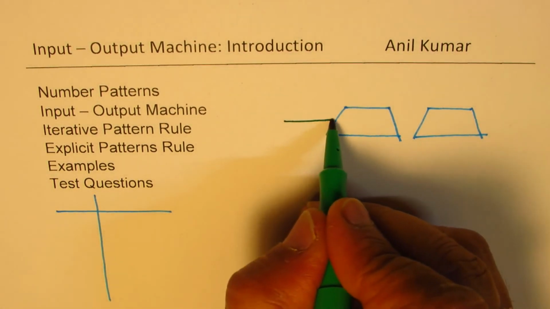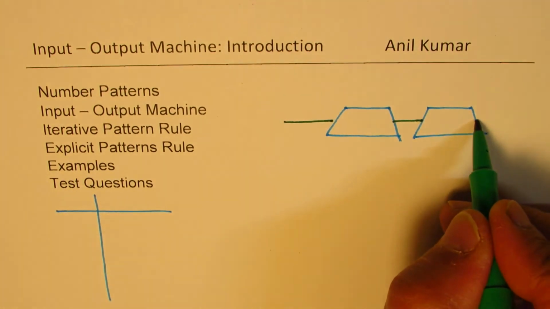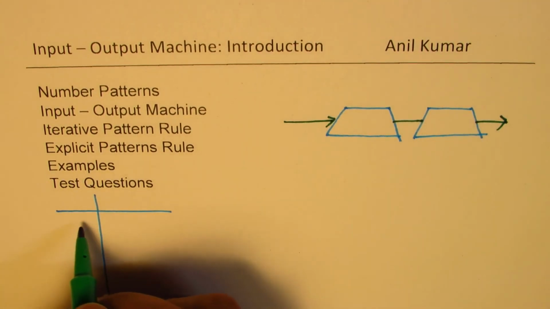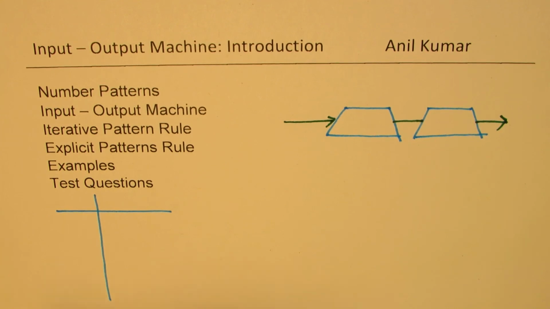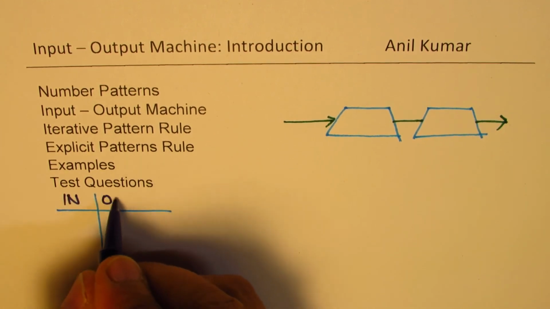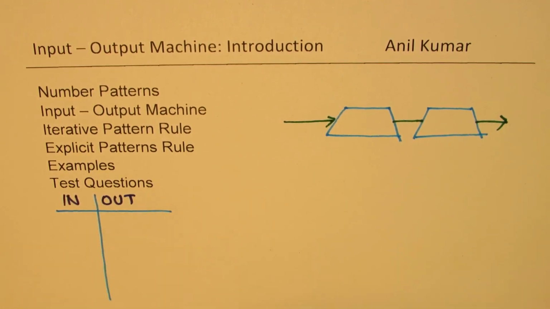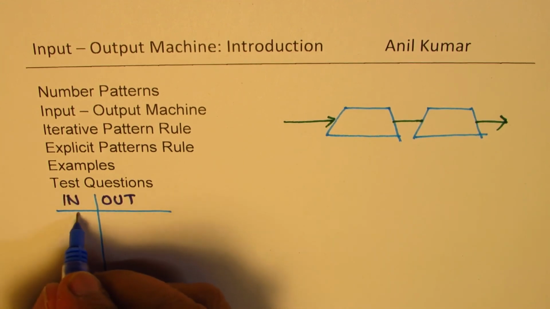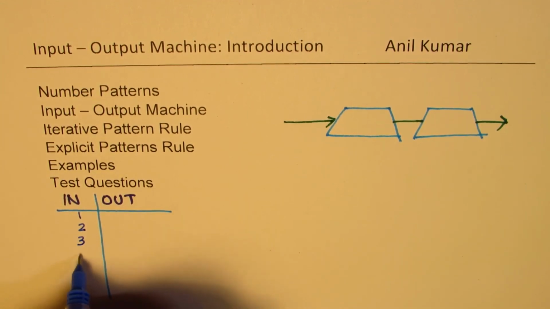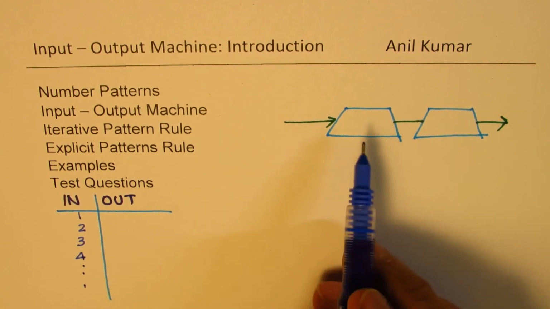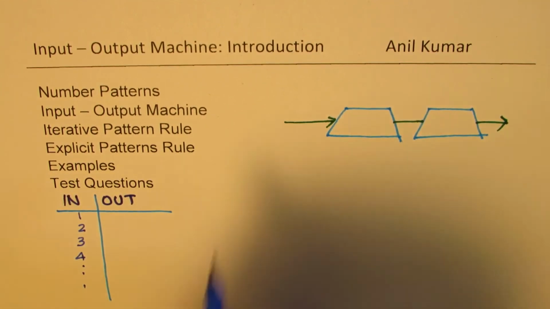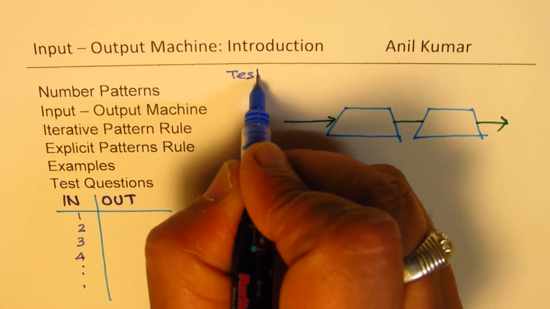So we are interested in feeding in numbers, and then what we get here will be shown in our table. So this table has some inputs and some outputs. The inputs starting with 1, 2, 3, 4 are given to you, right? You have to make this input-output machine, and that is your test question, correct?